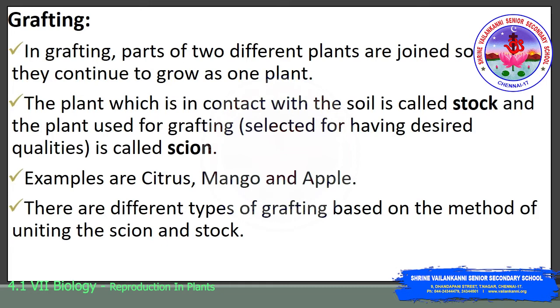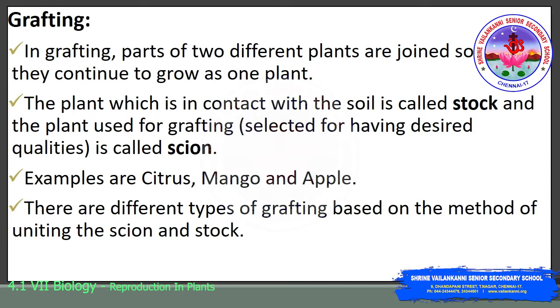The next artificial method of propagation is grafting. In grafting, parts of two different plants are joined so that they continue to grow as one plant. The plant which is in contact with the soil is called the stock, and the plant used for grafting, usually the one which is selected for having desired qualities, is called the scion. Examples of plants which are propagated by grafting are citrus, mango and apple.